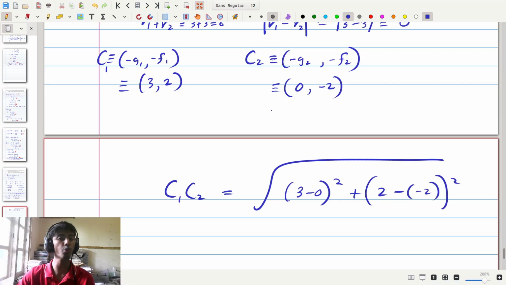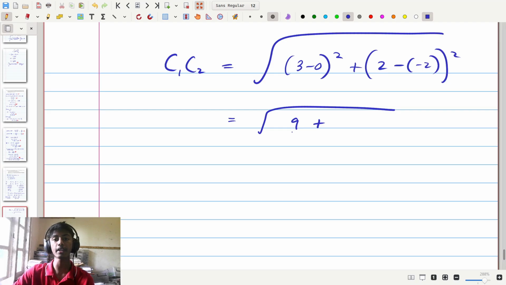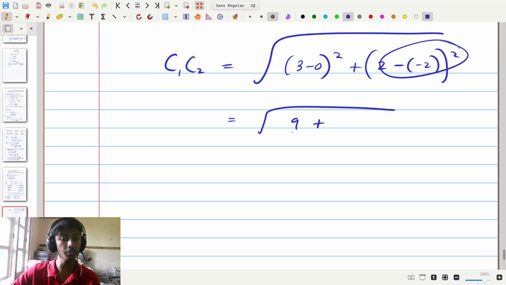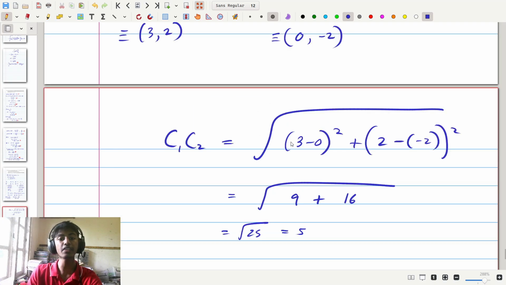So we have those two squared, added together, and square rooted. Simplifying, in the first bracket we get 3, and 3 squared is equal to 9. In the second bracket we get 2 minus negative 2, which is plus 4, and the whole thing squared is 16. So we get the square root of 9 plus 16, which is the square root of 25, which is equal to 5. So therefore C1C2 is equal to 5.